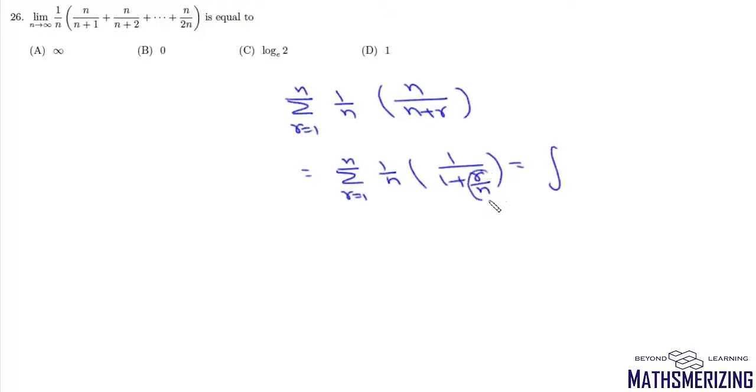Now we'll replace r by n with x. So it'll be 1 upon 1 plus x, and 1 by n is nothing but dx. Now limits: when r is 1, it is 1 by n, which is 0, and then n upon n is 1. So it'll be simply log of 1 plus x from 0 to 1, which is nothing but log 2. So the value of this limit is log 2, and that's your option number C.